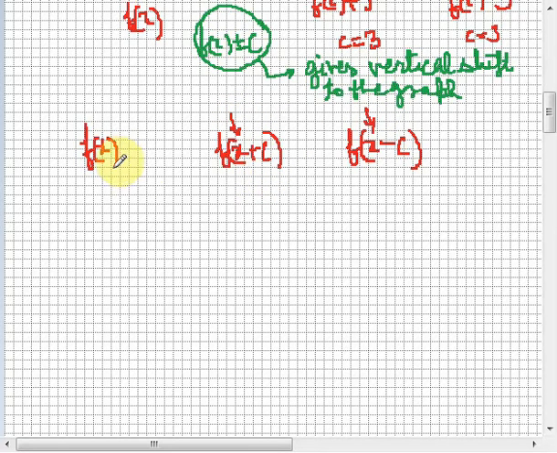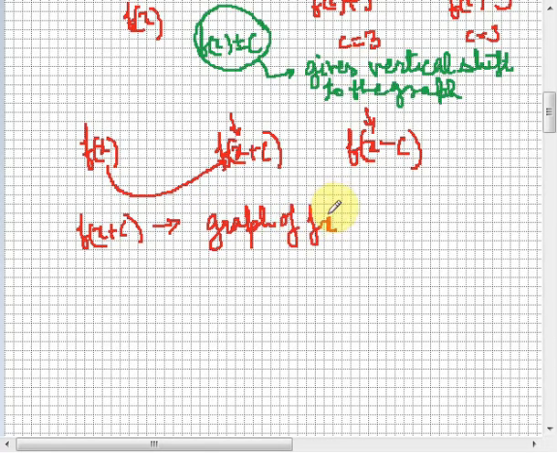So the graph of f(x plus c) is the graph of f(x) shifted left c units. I will give an example to explain.